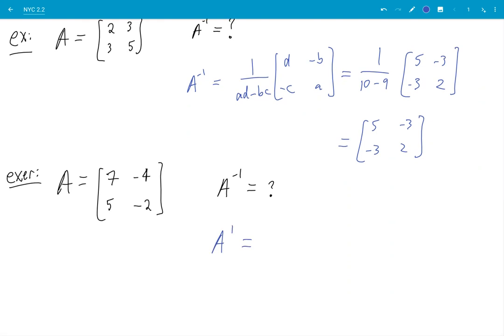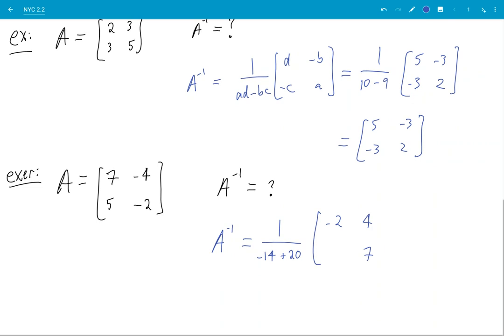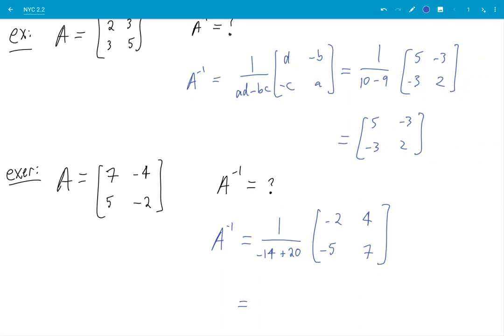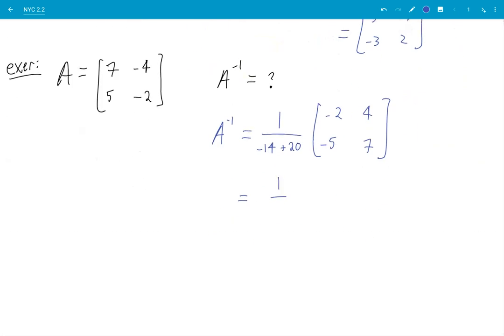So A inverse is 1 over AD minus BC, which is minus 14 plus 20. The negative 2 and the 7 switch, and the numbers on the other diagonal change sign. So what is this? 1 over 6, minus 2, 7, 4, minus 5.